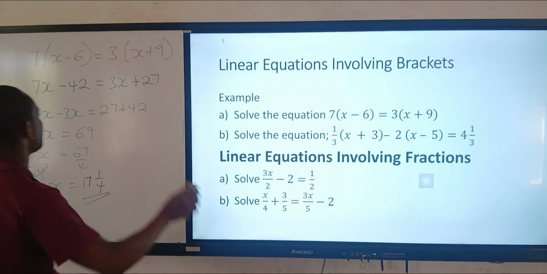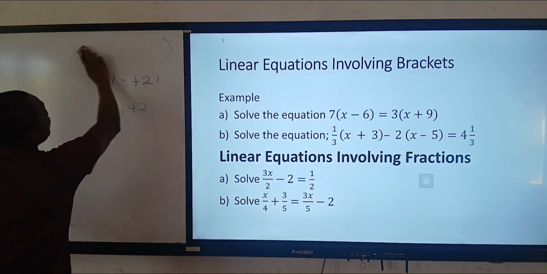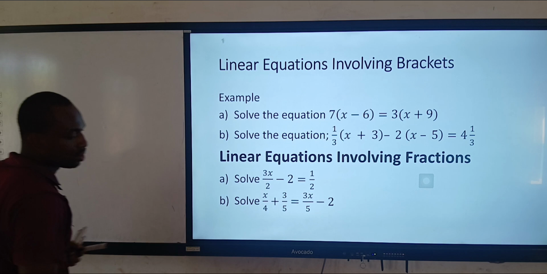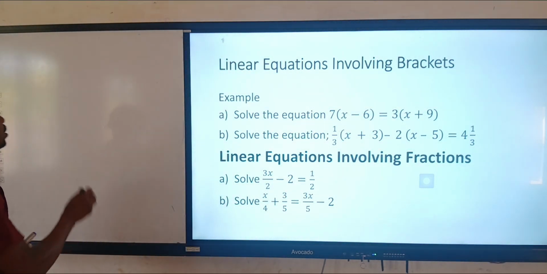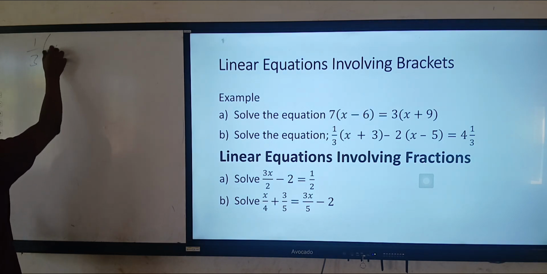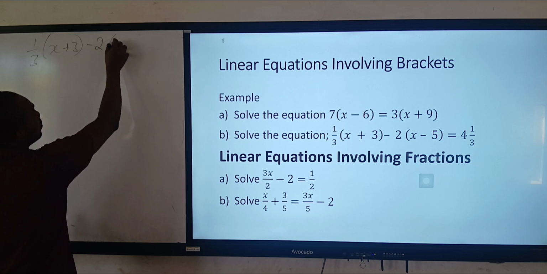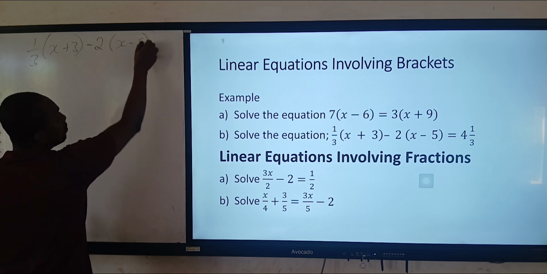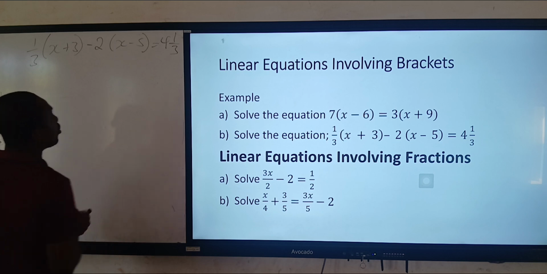Now let's take question B. Now we are looking at B, saying that we should solve this equation: 1 on 3 (x plus 3) minus 2 (x minus 5) equals 4 and 1 over 3.